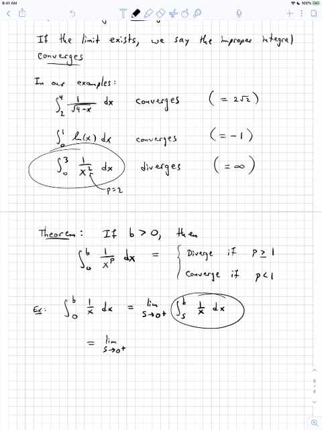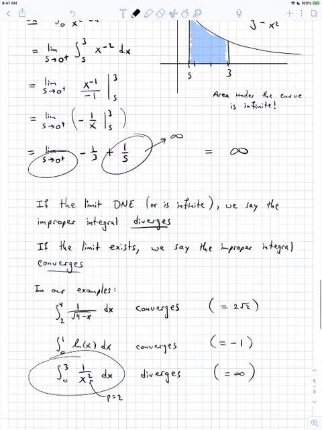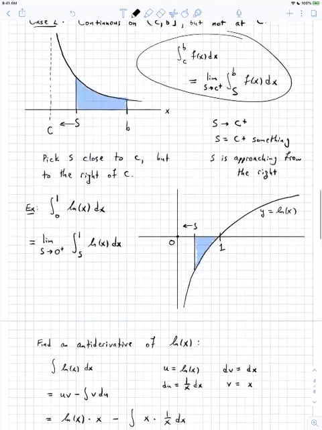And now we want to find an antiderivative of 1 over x, which we know is ln of x, from s to b. So this is the limit as s goes to 0 from the positive side of ln of b minus ln of s. Now this quantity, ln of s, is going to go to negative infinity as s goes to 0. You can look at that right here on the graph.